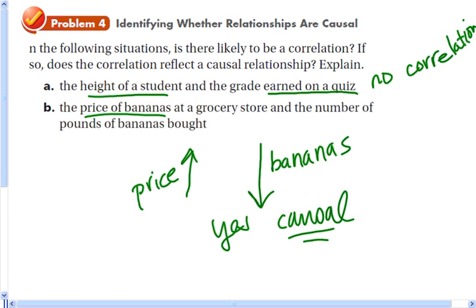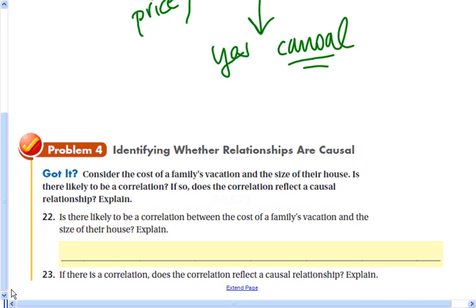Okay, let's try this. Consider the cost of a family's vacation and the size of their house. Is there likely to be a correlation? If so, does the correlation reflect a causal relationship? In other words, if people have a big house, will they have higher priced vacations? I think that's true.